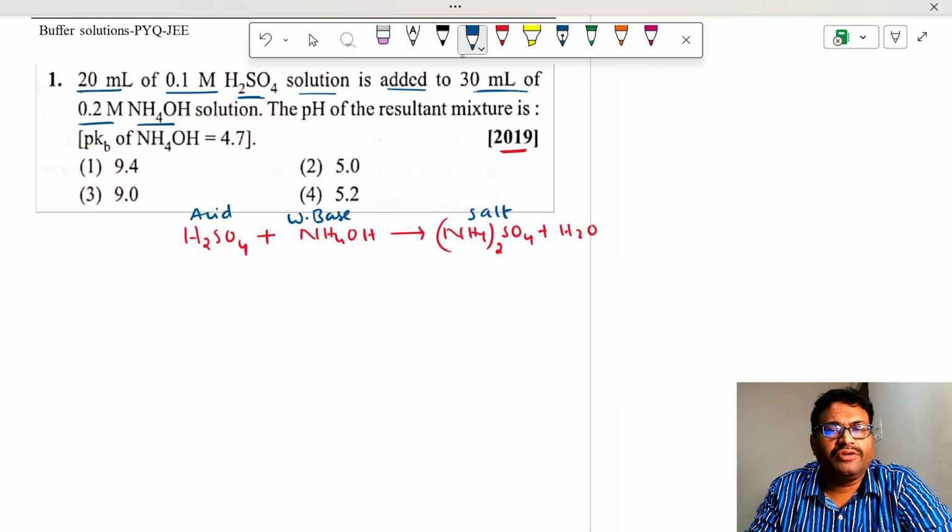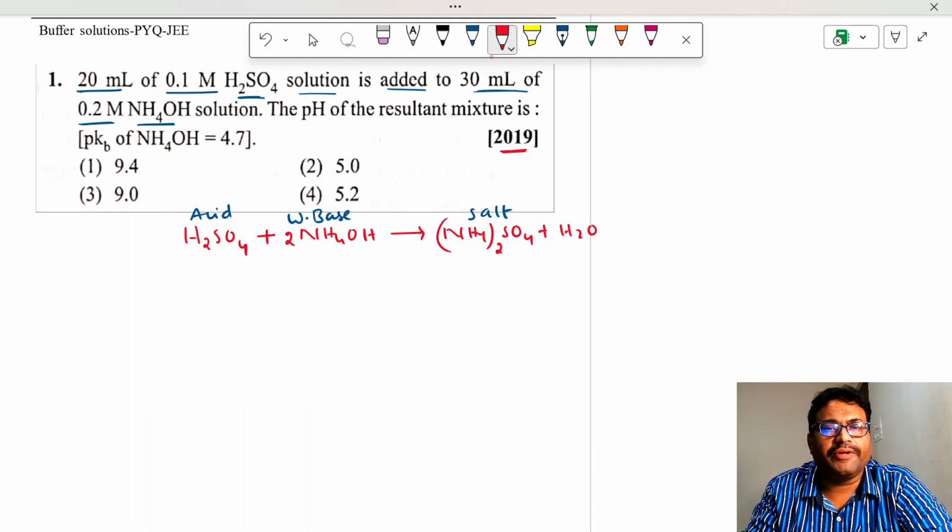Now, if you want to calculate the concentrations, it is better to calculate in normality. If you balance this equation, you will find 2 NH4OH. For H2SO4, the n-factor is 2.